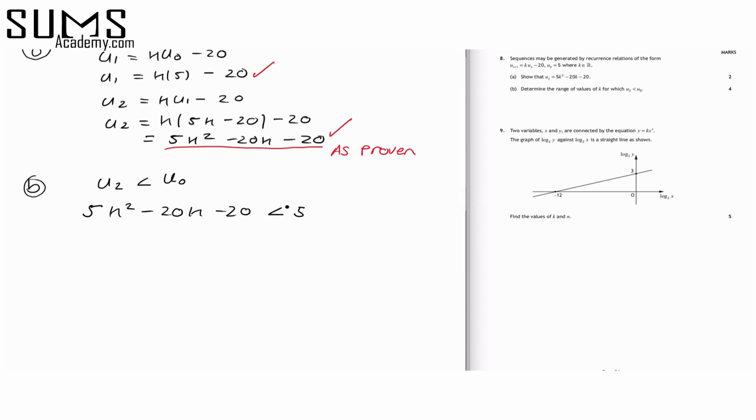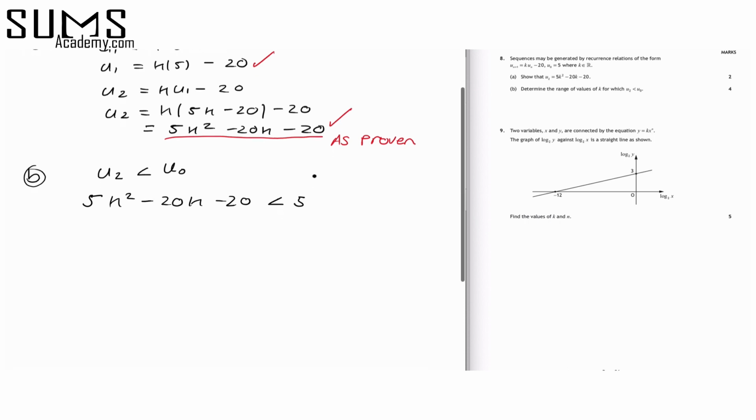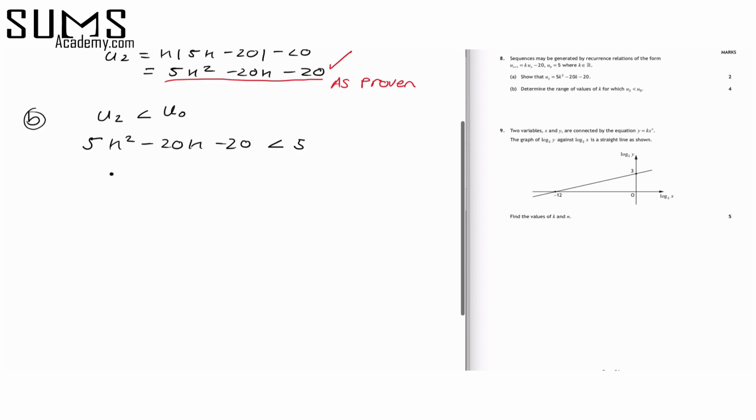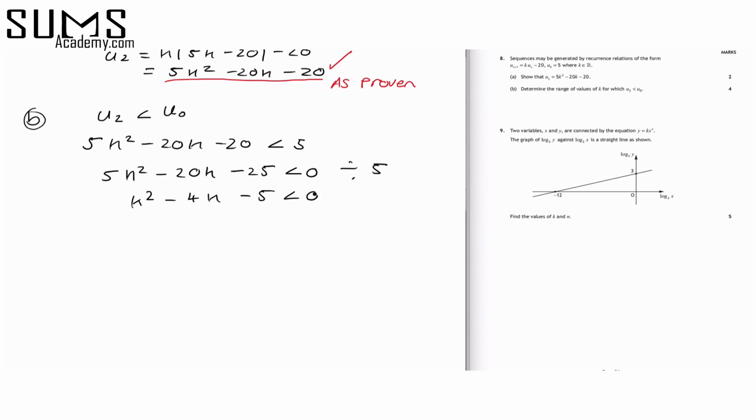Okay, so how do we work this out? Well, it's just a quadratic again. So let's move this number across. So you have 5k² - 20k - 25 is less than 0. Now we can divide this whole expression by 5 to simplify it. So this becomes k² - 4k - 5 is less than 0.